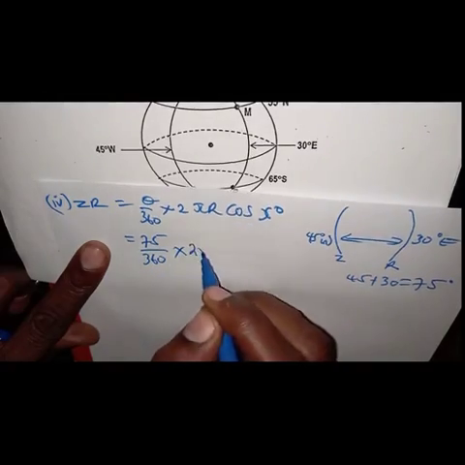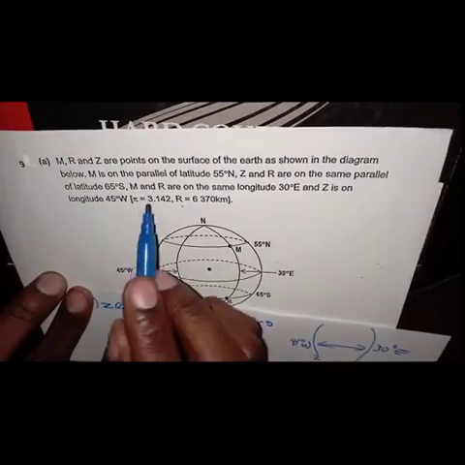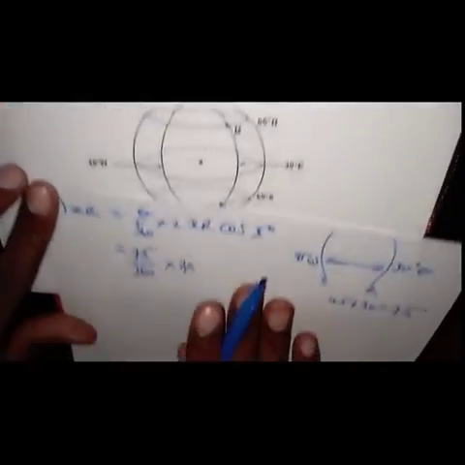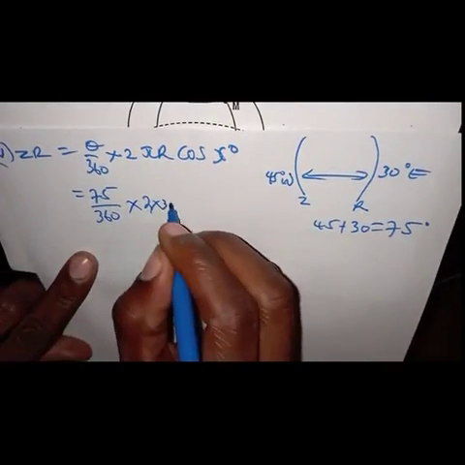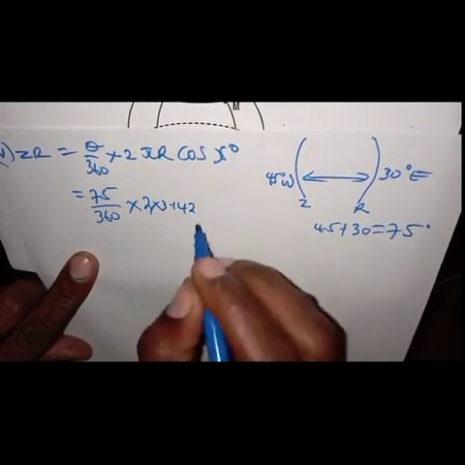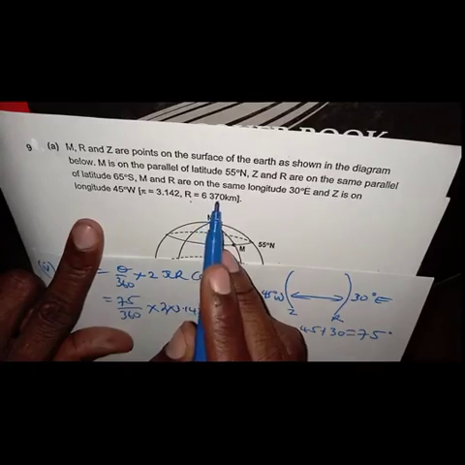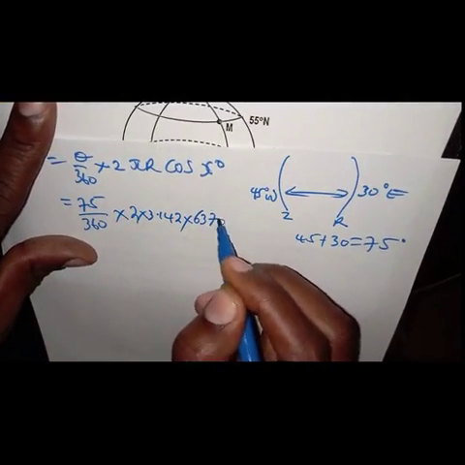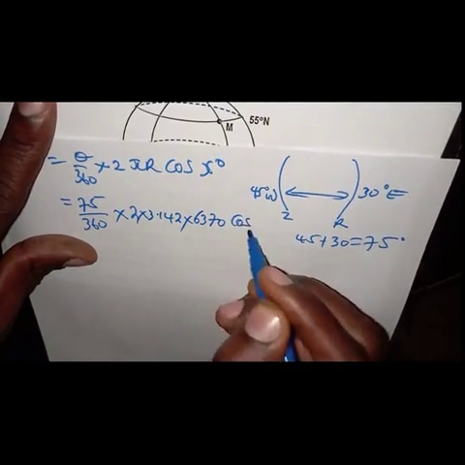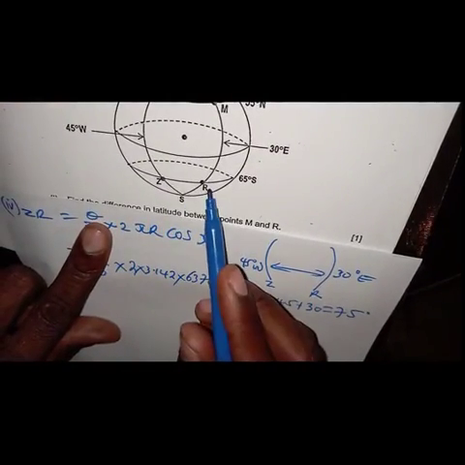Then 2 times pi, the pi is in the question, in the information: 3.142. Times the radius, which is also in the information, 6370. We're just copying and pasting. Cos x is where Z and R are lying.